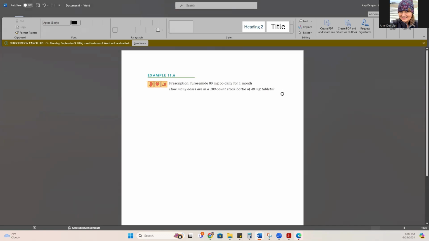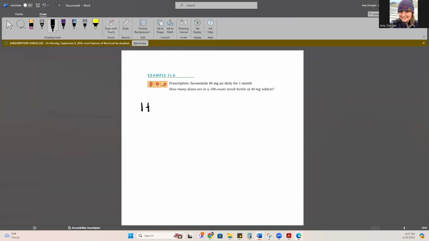So you should be able to, at some point, look at this type of problem and know that in order to get 80 milligrams, we would need 2 of those 40 milligram tablets. But if you didn't, you can set up a proportion and do, okay, so if 1 tab is 40 milligrams, how many tabs to make 80 milligrams?